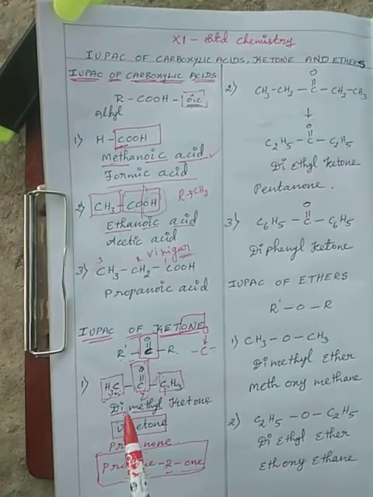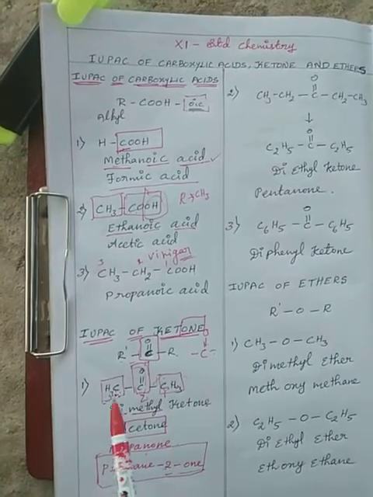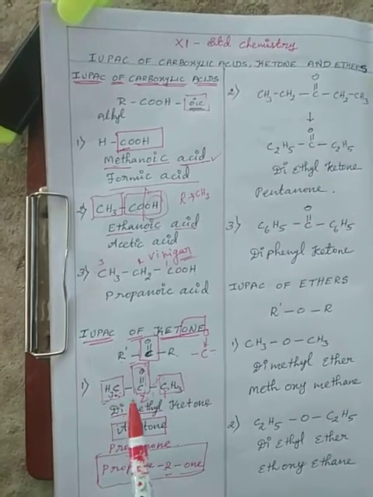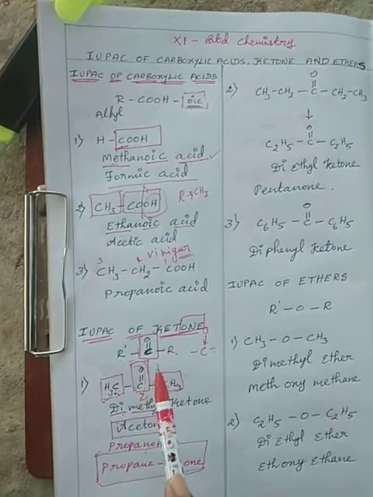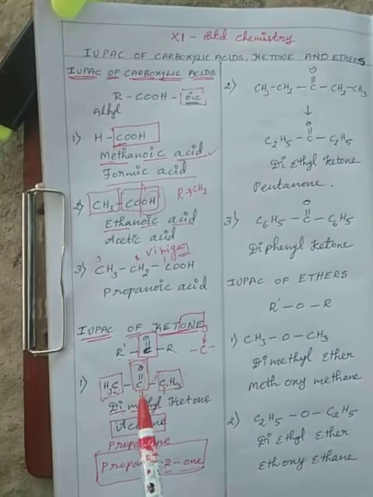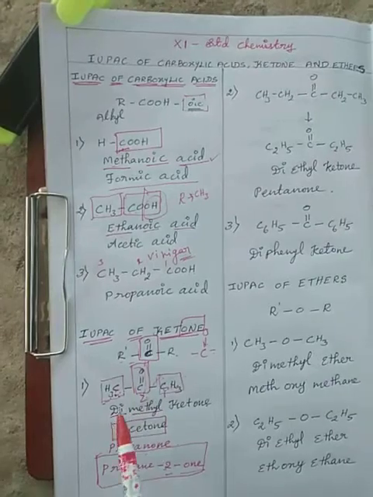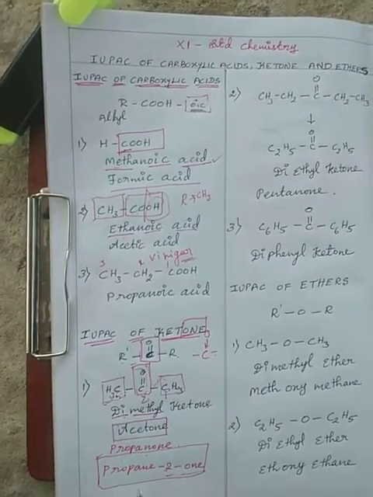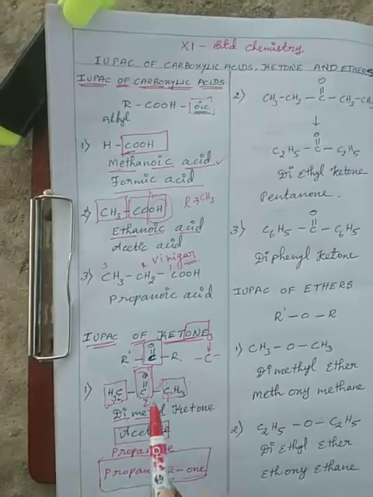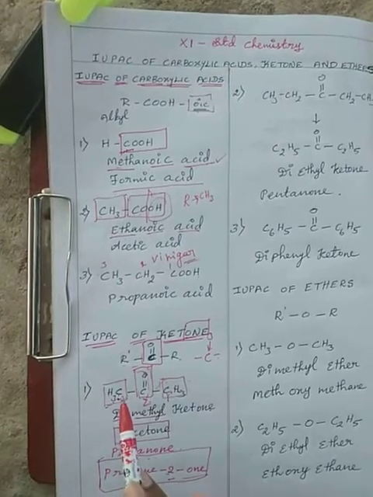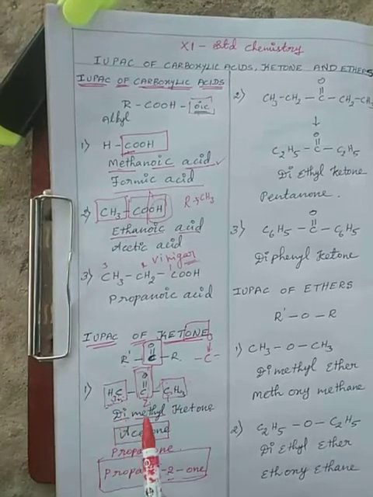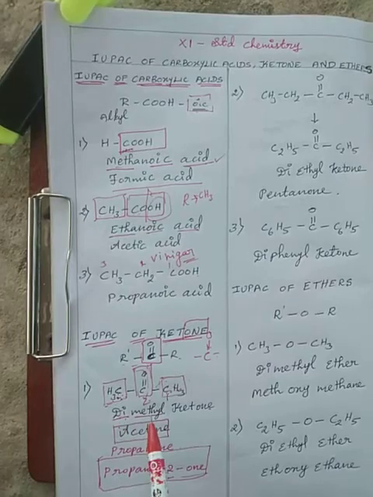So the perfect IUPAC name is propan-2-one. Let me repeat once more. The same functional group is repeated, on the left side and right side, with the center being the ketone functional group, the carbon with oxygen, the carbonyl group. So 2 times means "di", the same group is called methyl, so dimethyl.